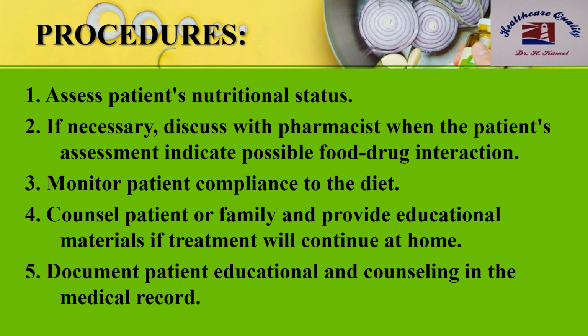Number three, monitor patient's compliance to the diet. Number four, counsel patient or family and provide educational materials if treatment will continue at home. Number five, document patient's education and counseling in the medical record.